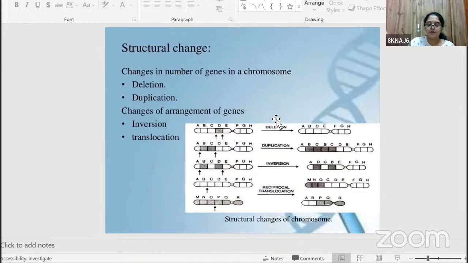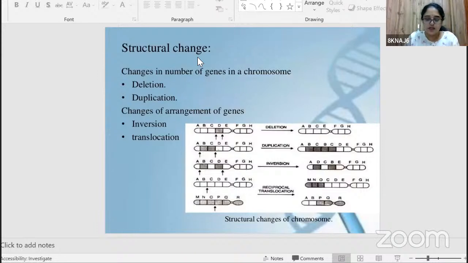P is the short arm of the chromosome, Q is the long arm of the chromosome, S is for satellite, T is for translocation. So all of these have been denoted, and this will go on in all of your next coming up chapters for that matter.